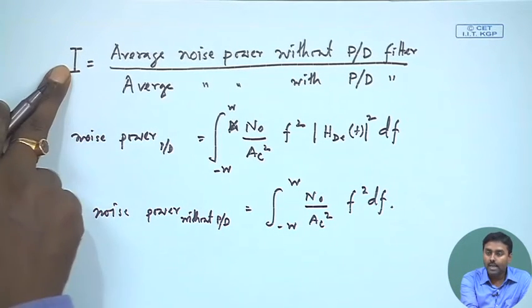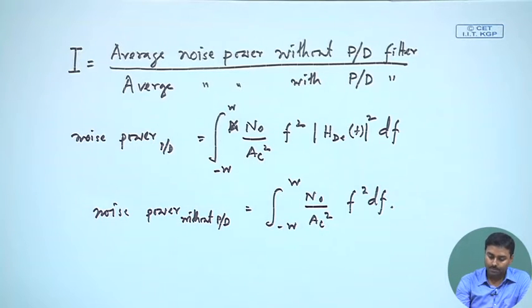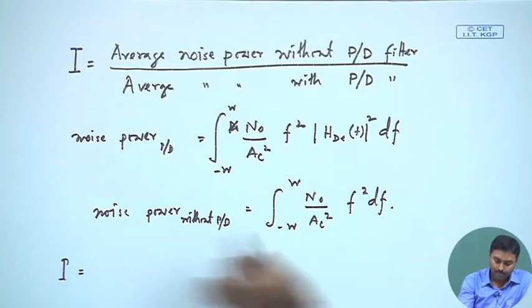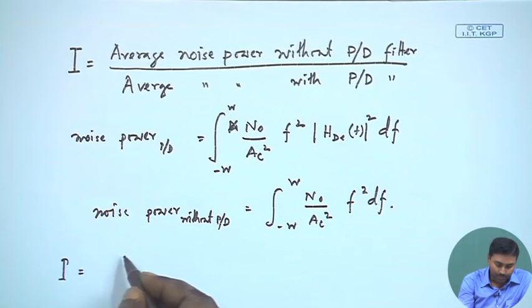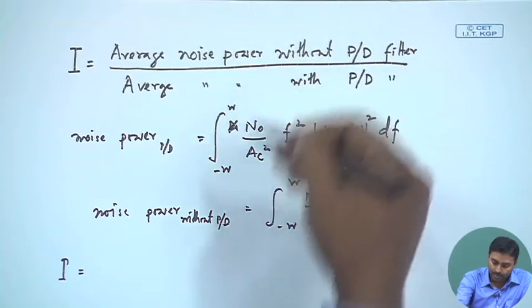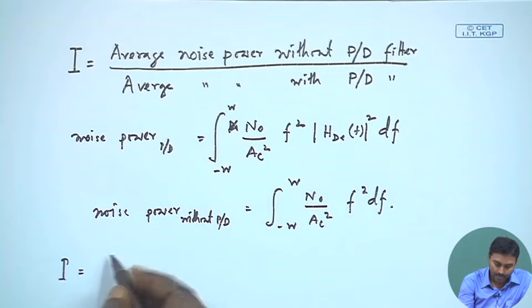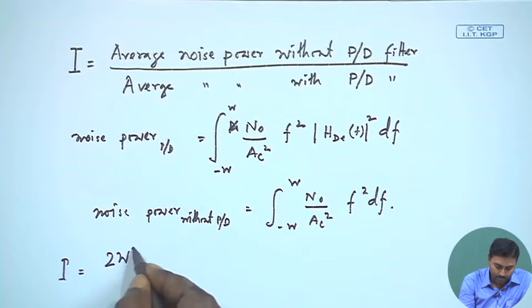So, to get I, we have to take the ratio of these two. After doing all this calculation, we will have the one without on the top and the one with on the bottom. So, this should be 2 W cube.